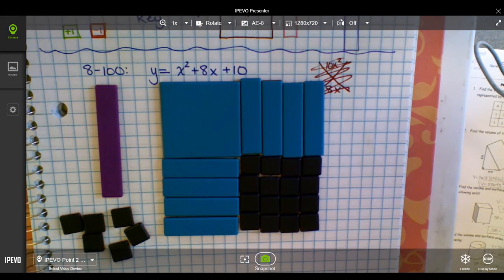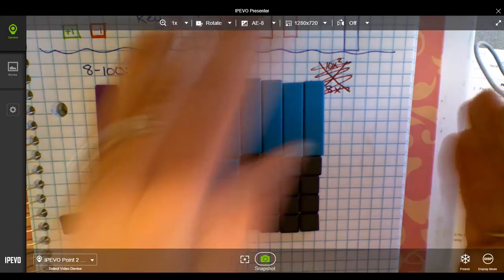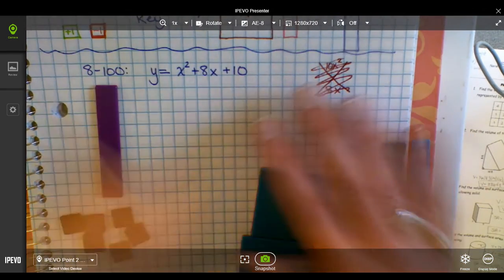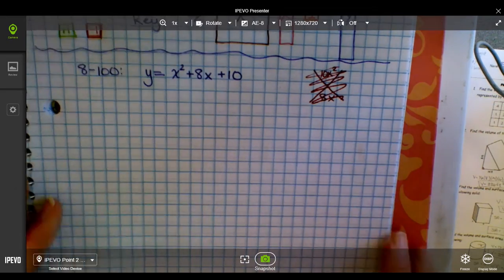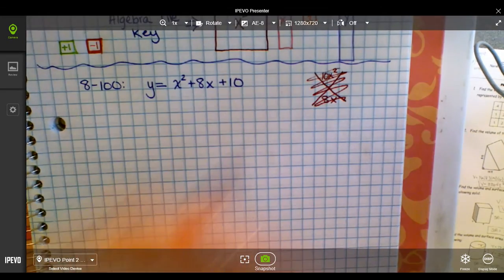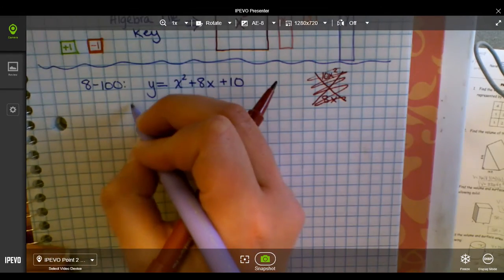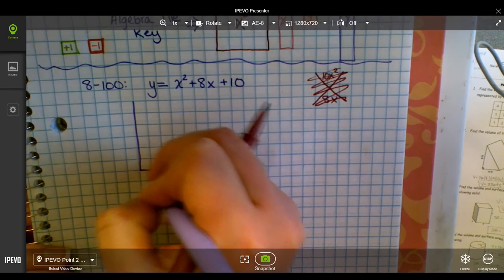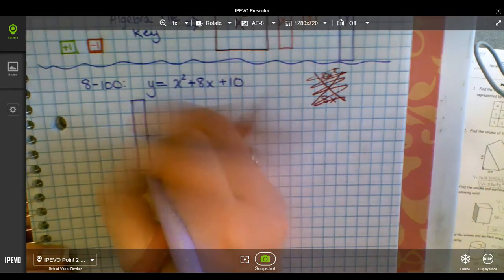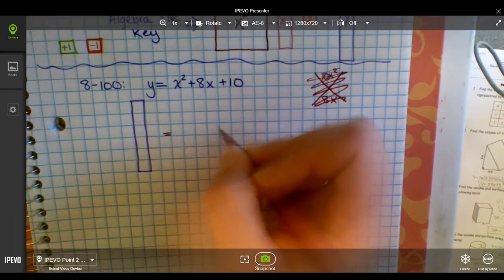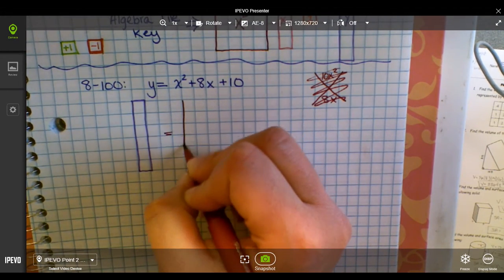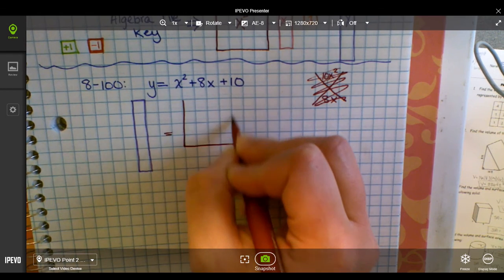All right? So now what I'm going to have you do is write this down using your pens instead of these algebra tiles so you can have them all in your notes. So remember, this is my y. I'm just doing a 6 by 1 rectangle for my y. And then on this side, I have my x squared, so I'm making a 4 by 4 x squared.